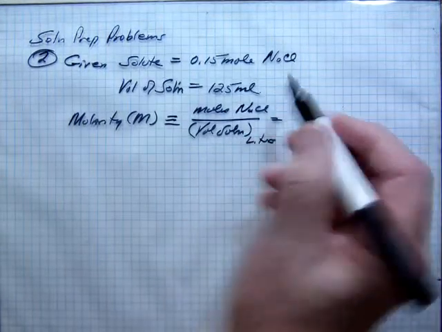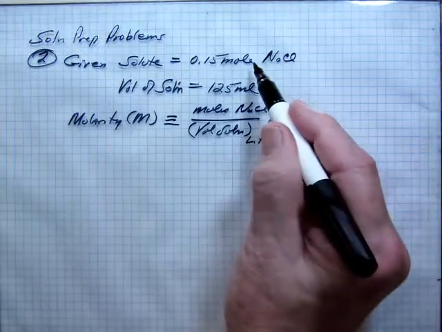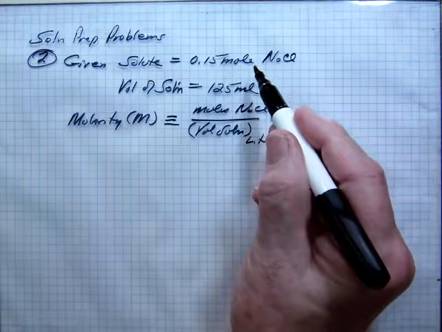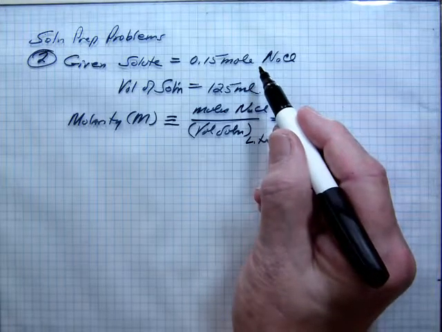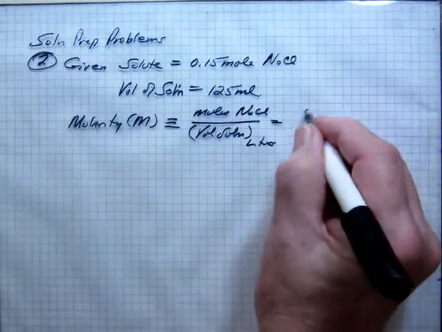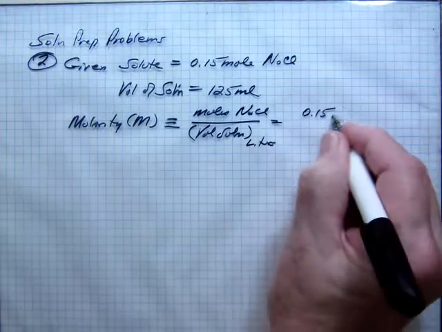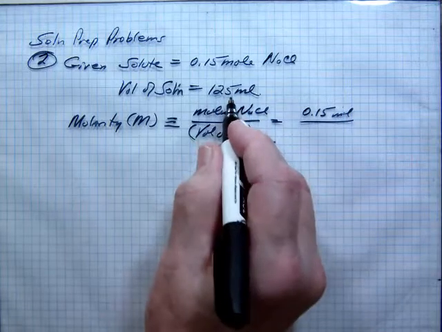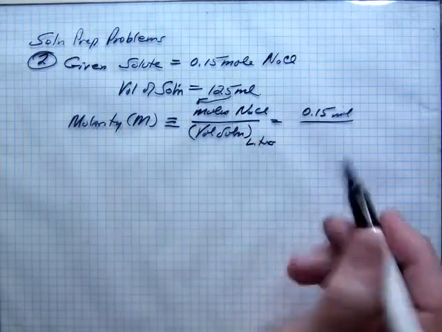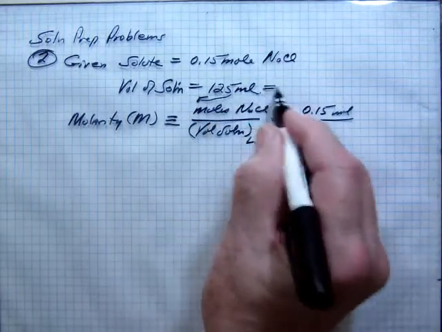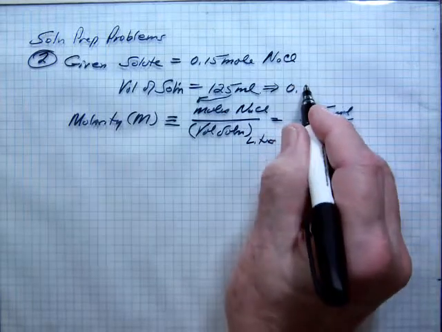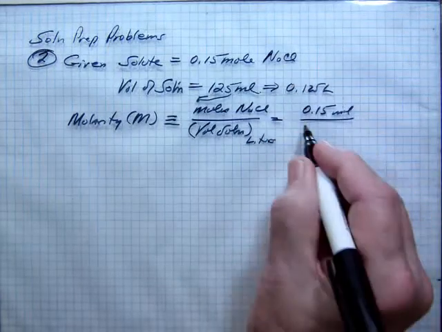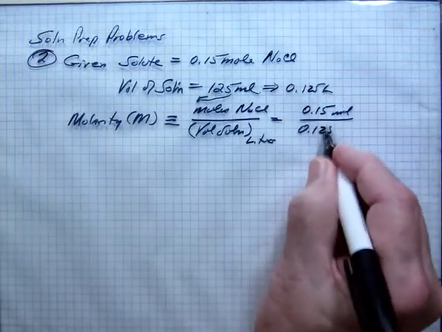Of course, if it had been grams, it would have to be converted to moles. Well, we're given moles, so we don't have to make a conversion right there. And volume of solution has to be converted to liters. So move the decimal 3 places to the left, and it gives you 0.125 liters, and that goes into the equation.